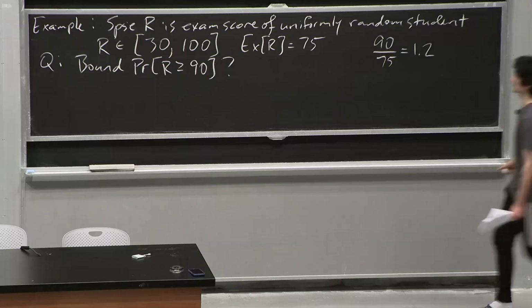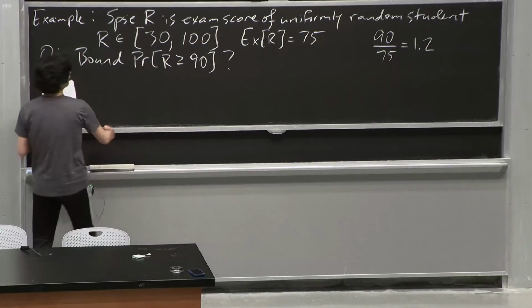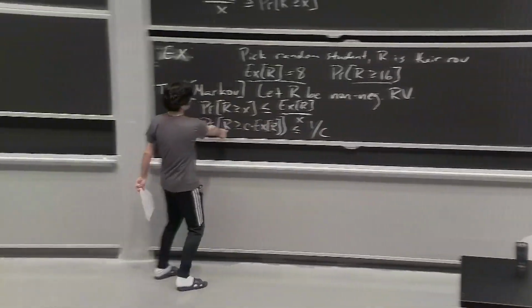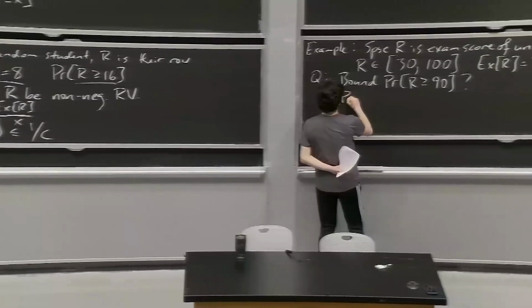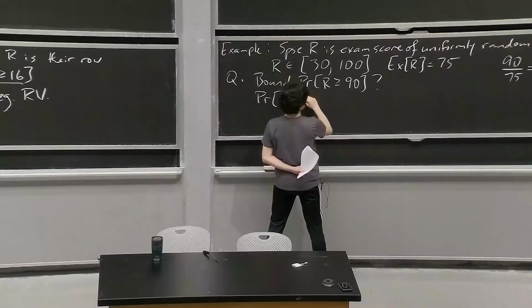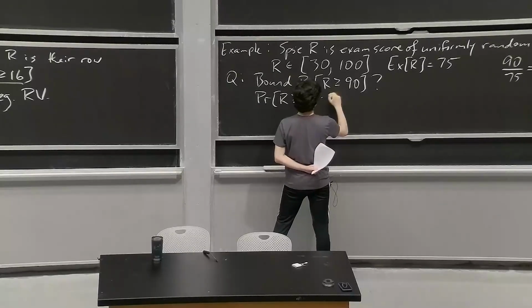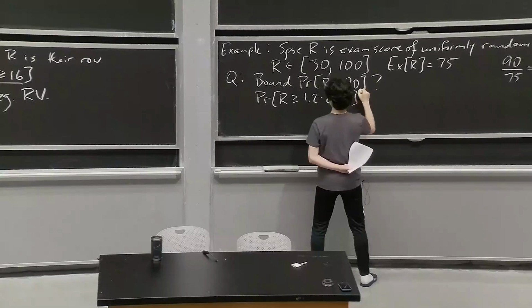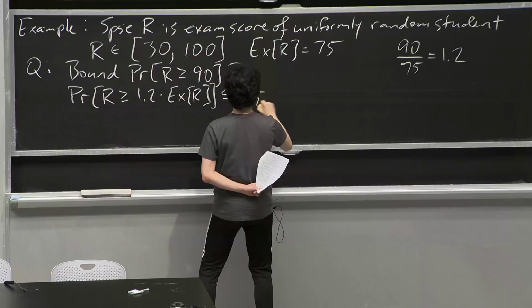Okay, nice arithmetic score. Okay, so then using this formulation here, we have the probability that R is at least 1.2 times the expectation of R is at most 1 divided by 1.2.